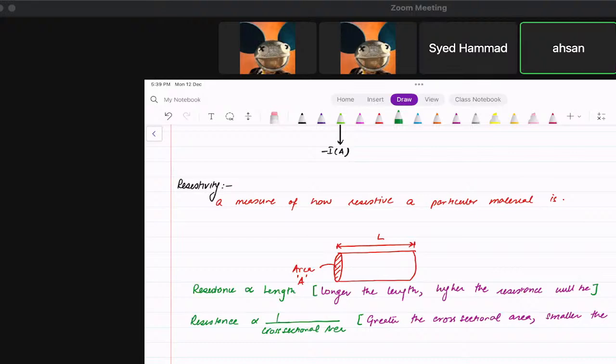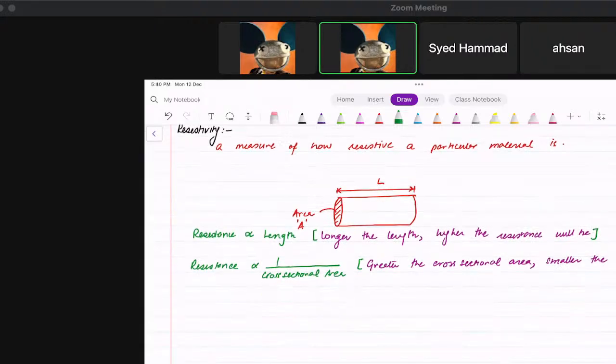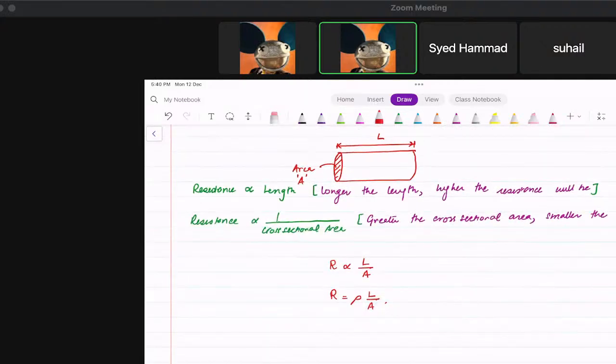So now, when you combine these two, resistance is proportional to L over A, and when you remove the proportionality sign, it is rho L upon A. Now, this rho that you see is the resistivity.